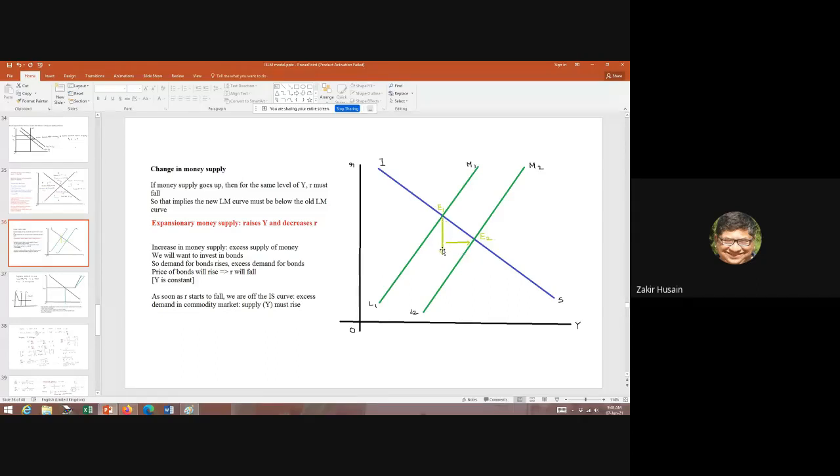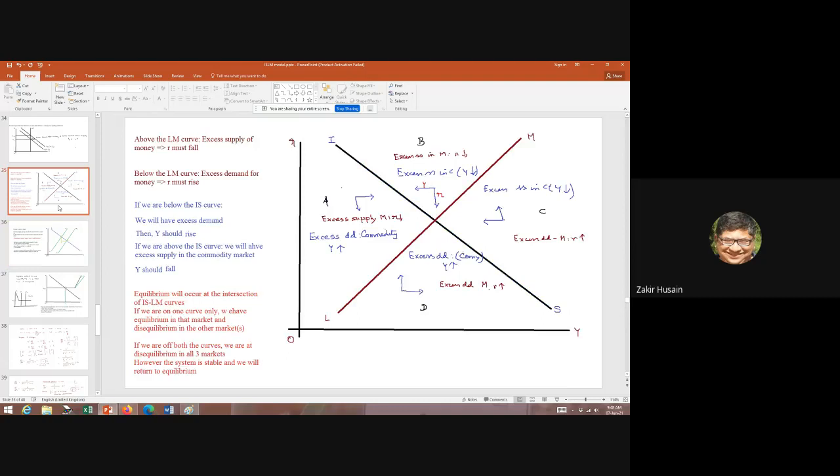So we have a decline in rate of interest. We also have an increase in Y. Now, when Y starts to increase, then transaction demand also increases. So that means you're going to have again excess demand in the money market.